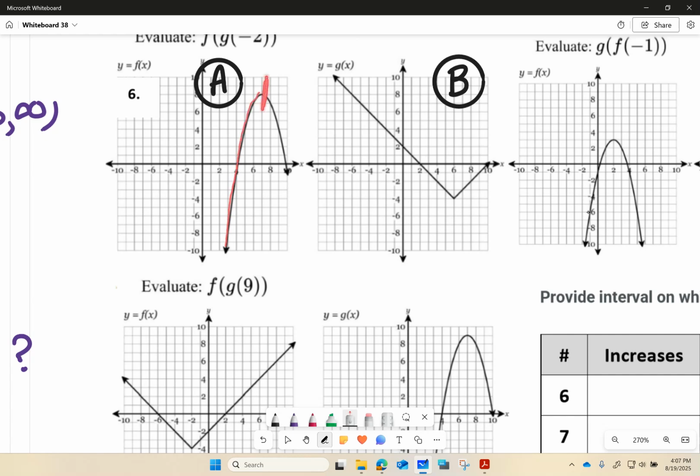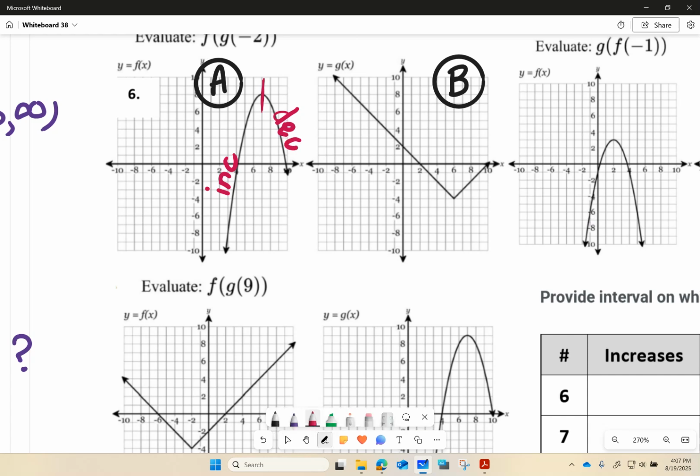Then right here, they stop because all of a sudden they start going low. So right after this piece, it was increasing. So I'm going to put INC. And then all of a sudden, it started to decrease on this side, okay?